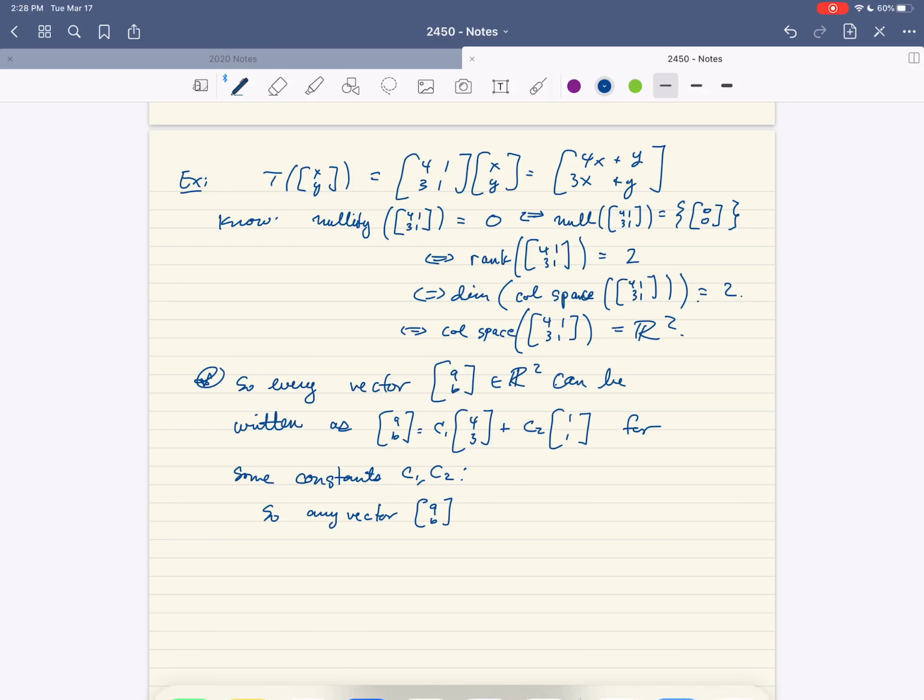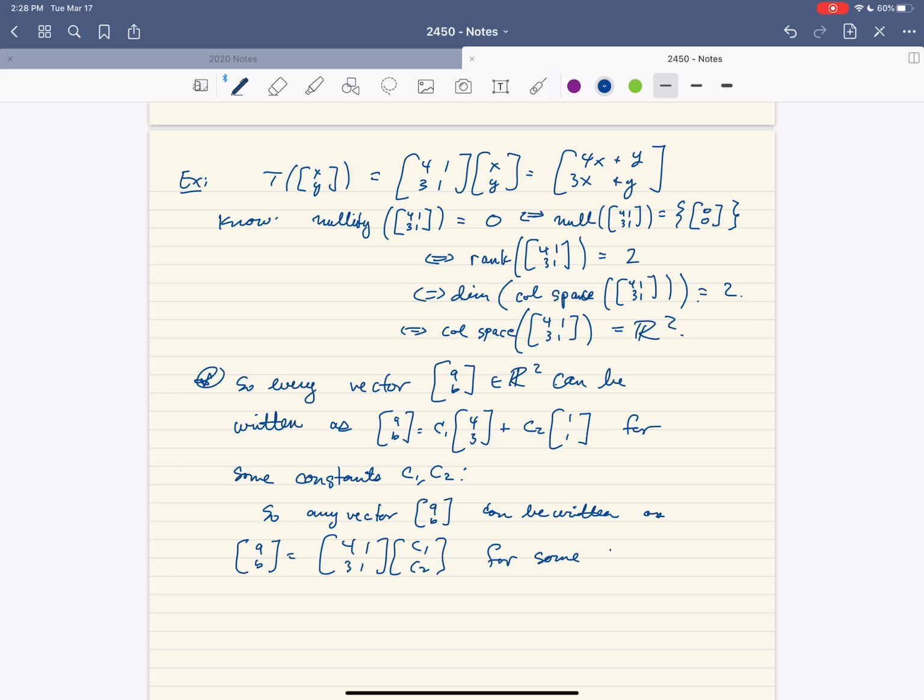Any vector (a, b) can be written as (a, b) equals the matrix 4, 1, 3, 1 times (C1, C2), for some constants C1, C2. And hence the image, which we write Im of T, is R2. Turns out the image of that linear transformation is R2.